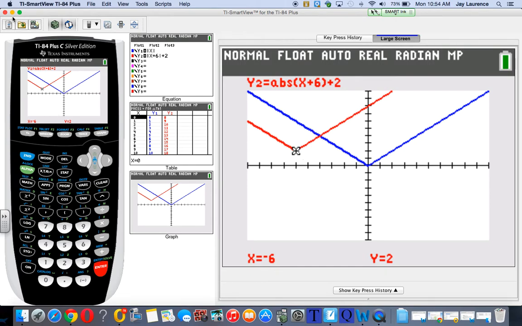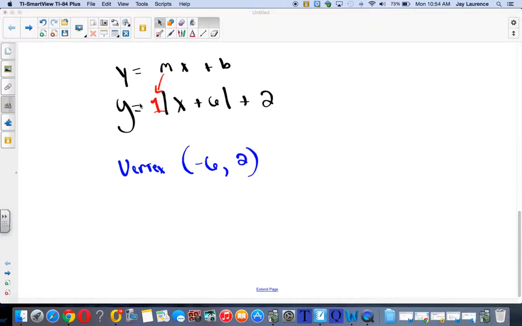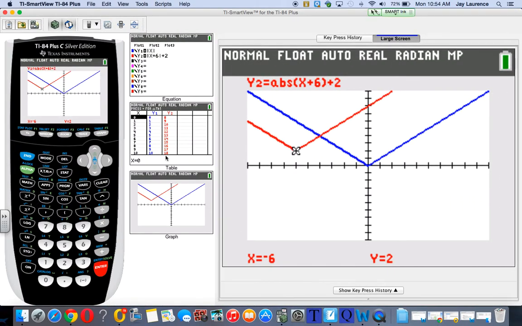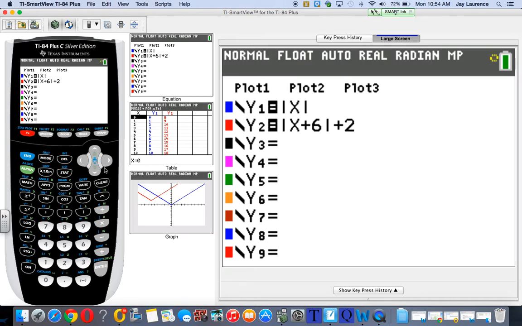Now, I wonder if it's possible to not have a slope of 1. What might happen if I took y equals the absolute value of x, but instead of having just the absolute value of x, what would happen if I put a 2 there? I wonder what would happen. Well, let's find out. Let's go to our graph, and let me get rid of that second equation.